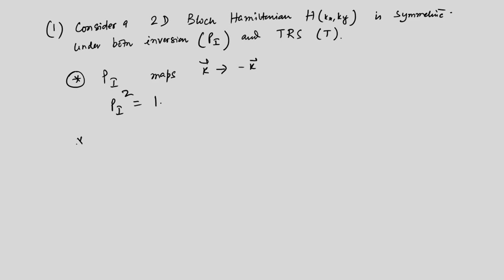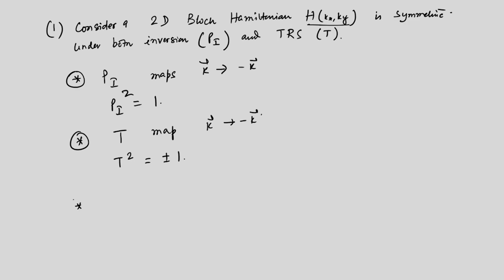And then if we have TRS as well, TRS does the same thing. So TRS also maps k to minus k, and T square of course will square to 1 or minus 1 depending on whether we have the spin variable in the problem or not, because the spin is not included here explicitly as we can see in this Bloch Hamiltonian, so we can write T square equal to plus 1.